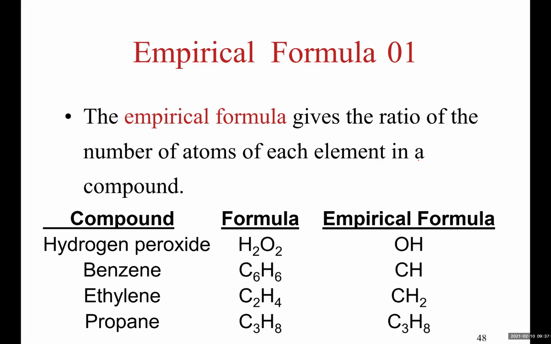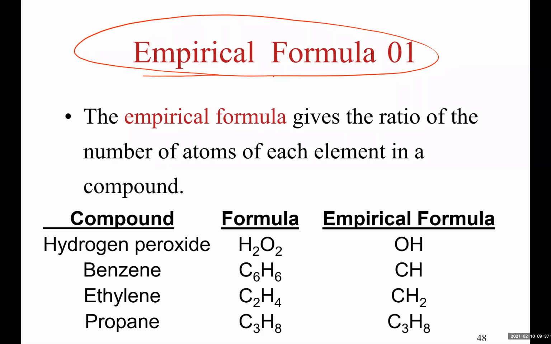How do we find out the formula and the structure of a product? The first step is to identify the empirical formula. Then we have to measure the molecular mass, then we have the real formula, the molecular formula.